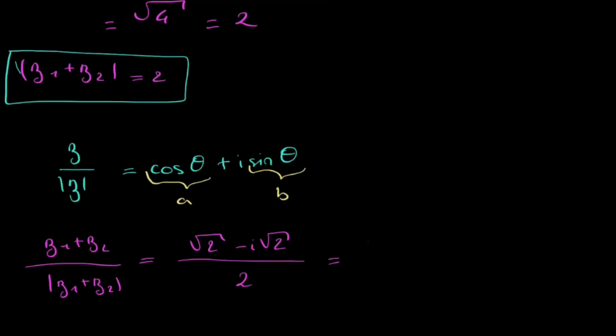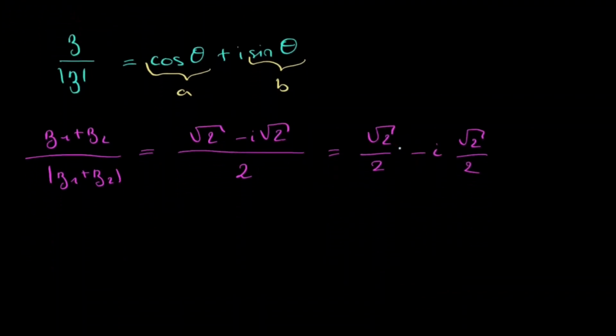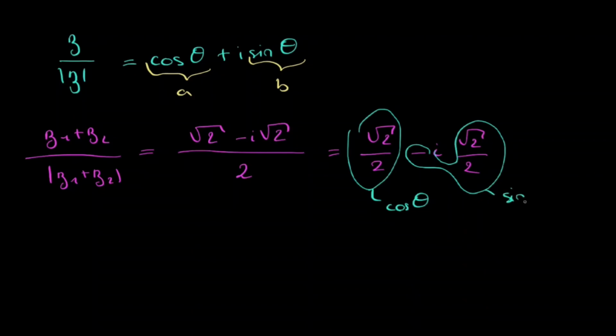We can write it like root 2 over 2 minus i root 2 over 2. And by identification, here we have cos theta, and here we have sin theta.